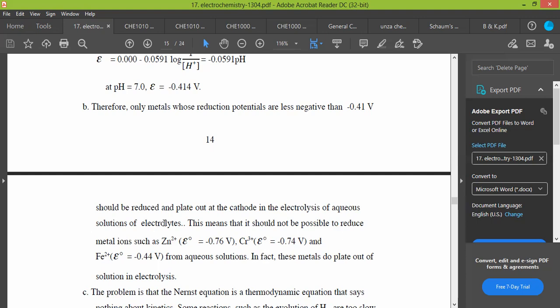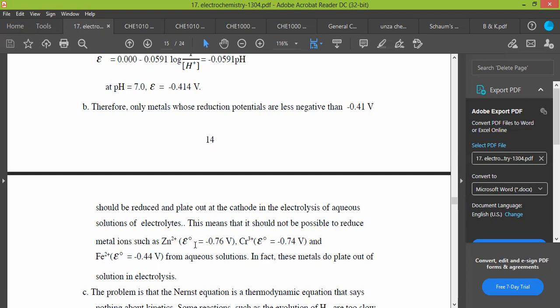So that is what it is. So this means that it should not be possible to reduce zinc, whose potential is that, and chromium, whose potential is that, and iron, whose potential is this, from aqueous solutions. In fact, these metals do plate out of solution in electrolysis.